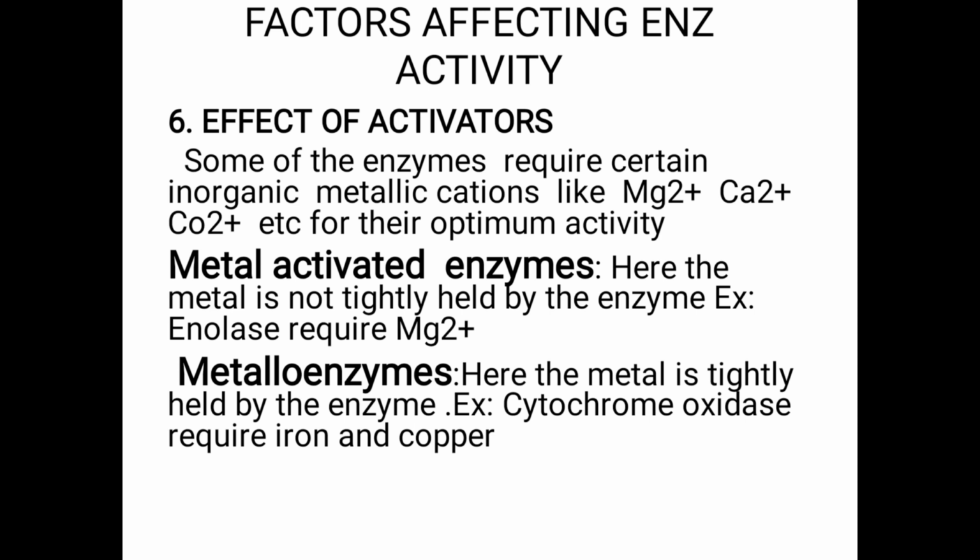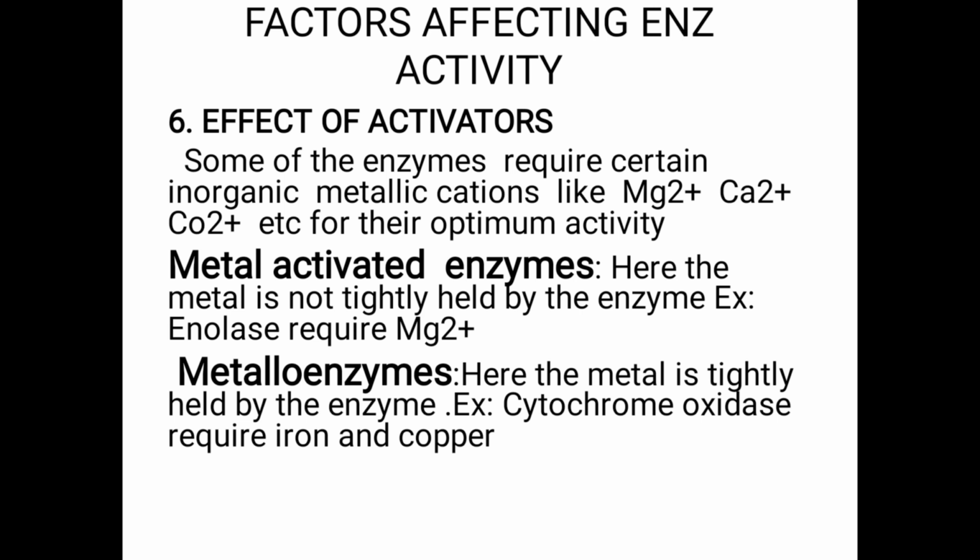Cytochrome oxidase requires iron and copper. Cytochrome oxidase is an electron transport chain enzyme. What is the difference between a metal activated enzyme and a metalloenzyme? In a metal activated enzyme, the metal is not tightly held by the enzyme.